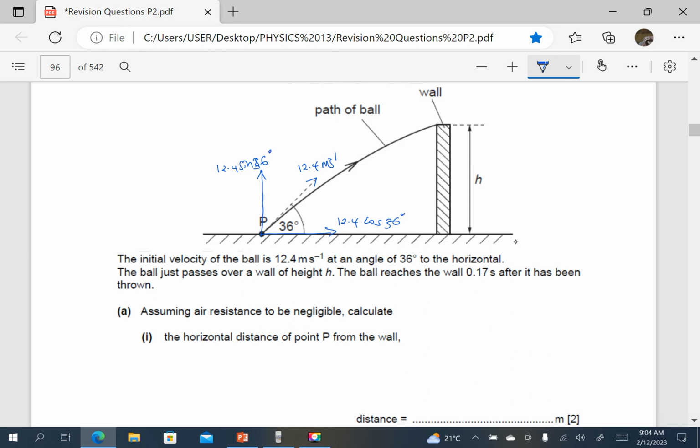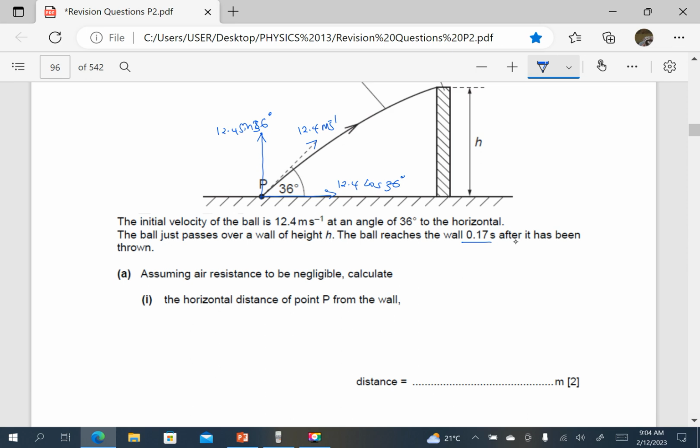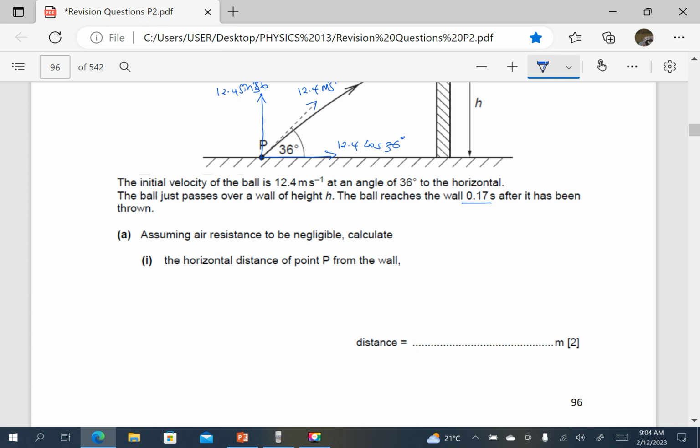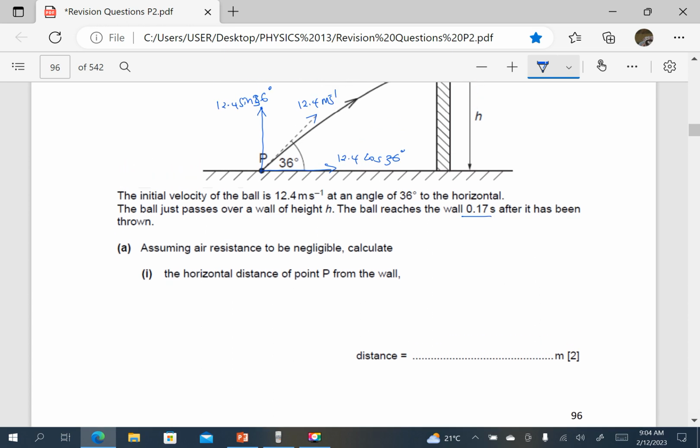The ball just passes over a wall of height h. The ball reaches the wall 0.17 seconds after it has been thrown. Assuming air resistance to be negligible, the equations of motion can apply because the acceleration is constant. Calculate the horizontal distance of point P from the wall.